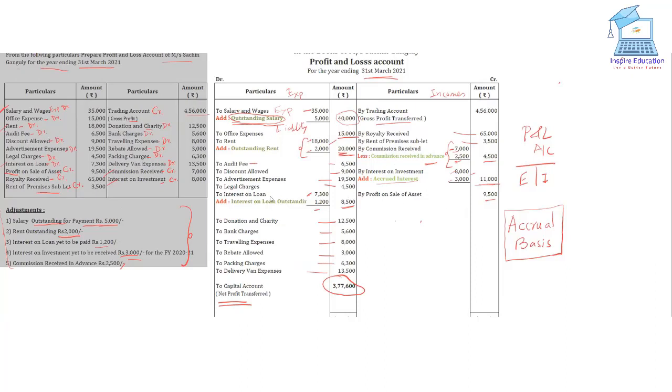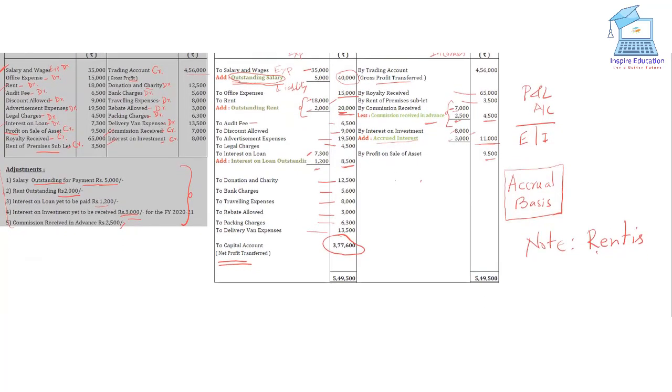So if there is a confusion in respect of any item, since it is not a trial balance, we are not sure about the first rent. So we can write a note like this: rent is taken as rent paid.